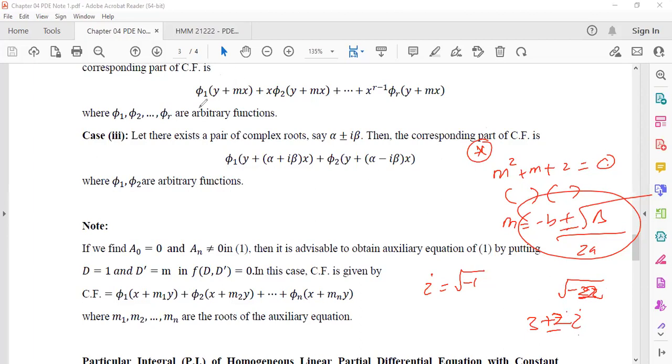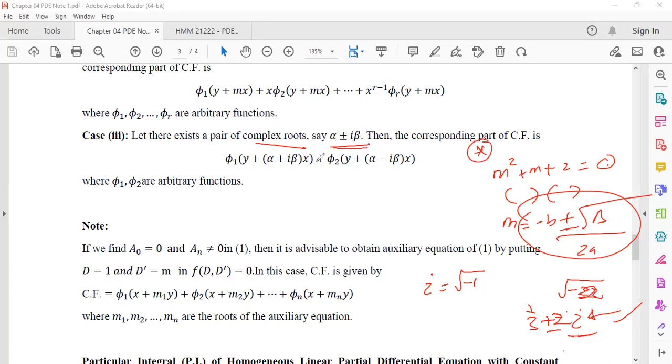What if you have the complex roots? If you get something like this, we call this not a real one. This is our real part, and this is our imaginary part. It means there is no such number in reality, but we are taking it for our calculation. This we call complex roots. Let's say our roots are alpha plus i beta.